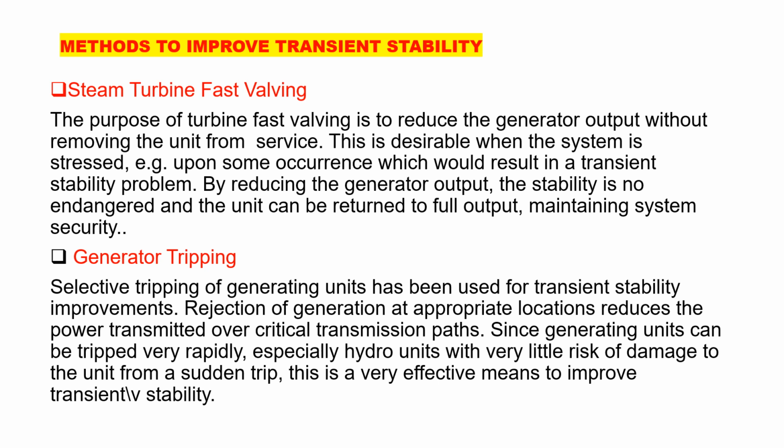Then you know there is generator tripping, so you can have selective tripping, and this also I have explained in an interactive class lecture on the whiteboard, that you can have the out of step tripping, that you find through the transient state stability.